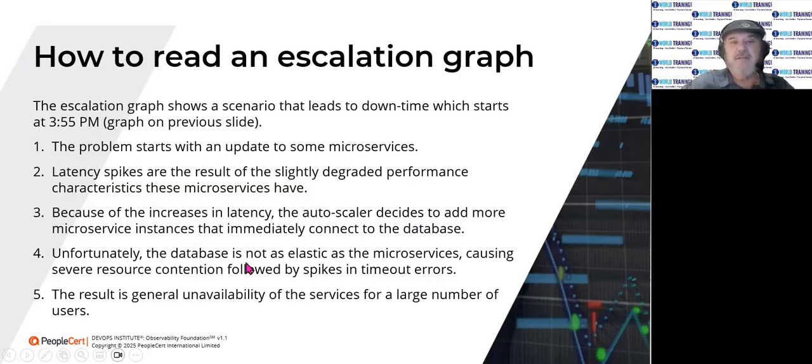Unfortunately, the database is not as elastic as the microservice, which causes severe resource contention followed by spikes in timeout errors. And the result is general unavailability of the service for a large number of users. Okay, so that's how difficult timing characteristics can lead to some outages that will need diagnosis. It would be pretty hard to do that without this capability.